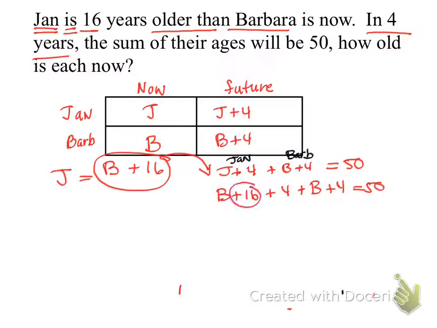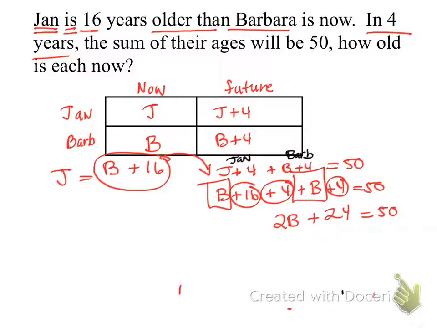So I'm going to be adding 16 and 4 is 20 plus 4 is 24. And then I've got 1B, 2 B's, 2 B's plus 24. Now we are subtracting 24, subtract 24, 2 B's equals 26, divided by 2.